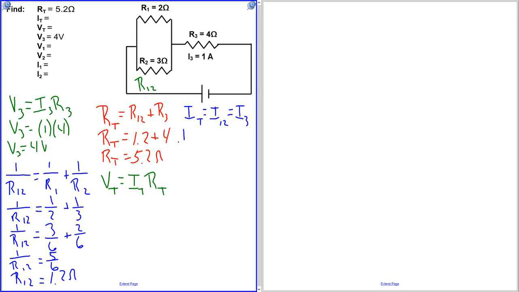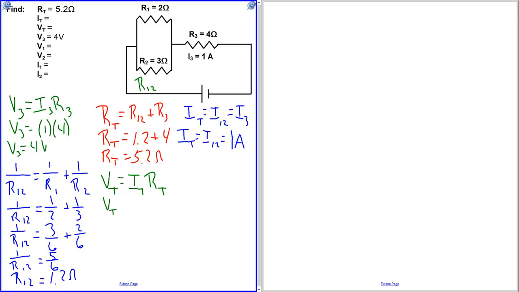So I can say that I total equals I1, 2, which equals I3, which was given to me, and that's 1 amp. So now I can go back down here and find my total voltage.